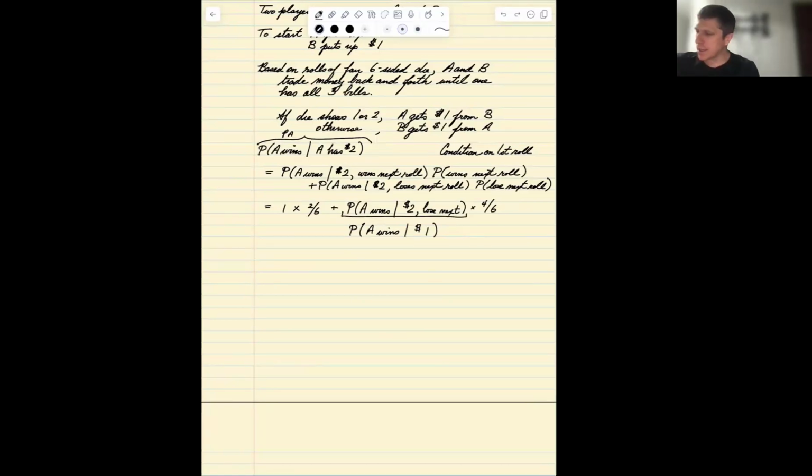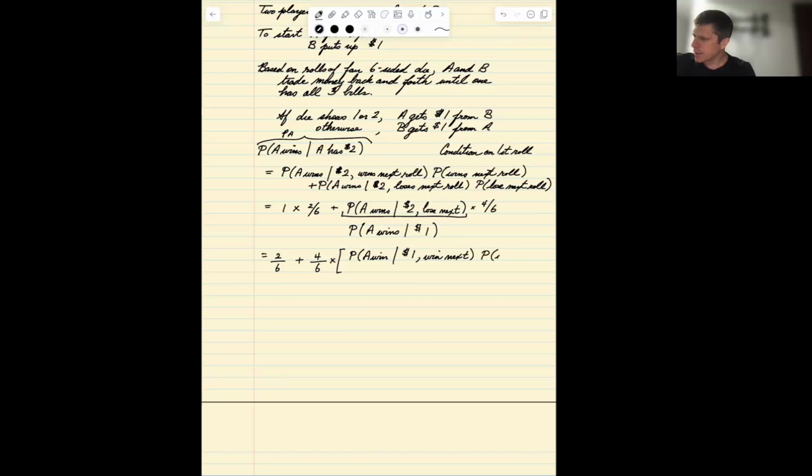Because now, what's the probability? This is 2/6 plus 4/6 times the probability that A wins given $1 and winning the next.